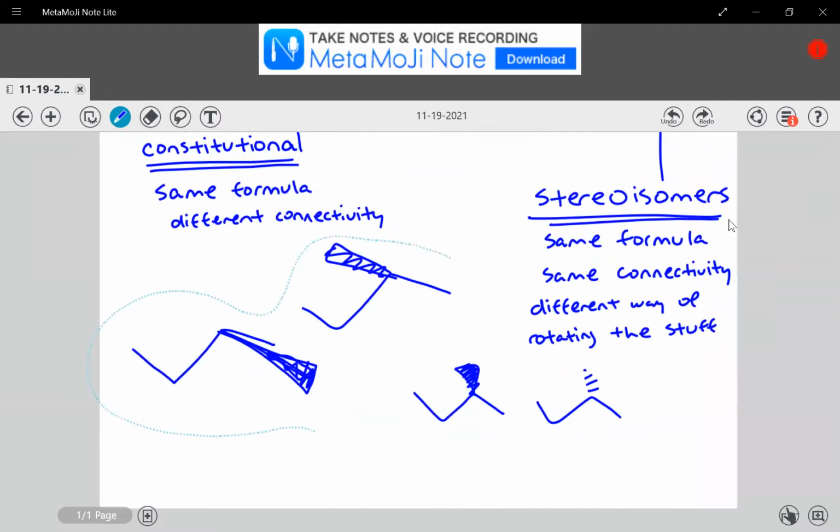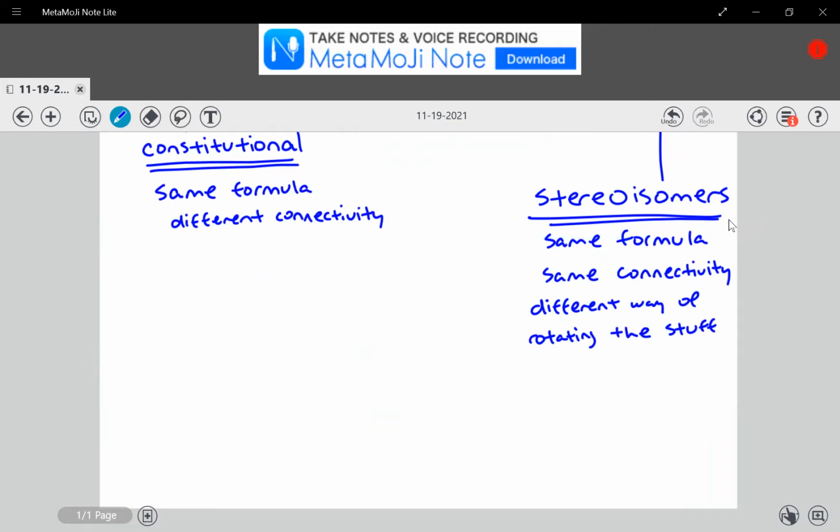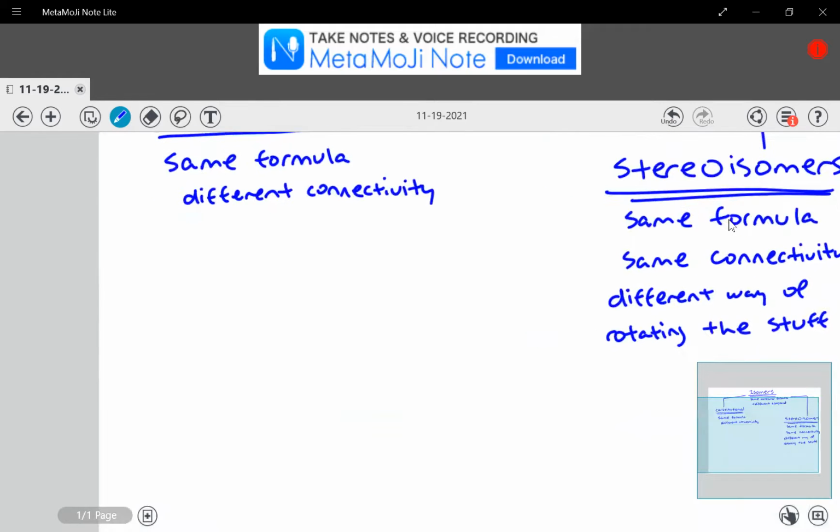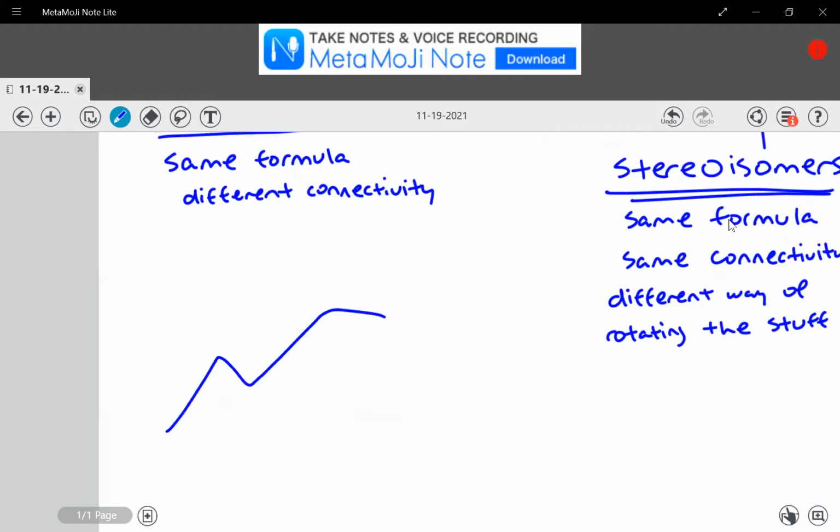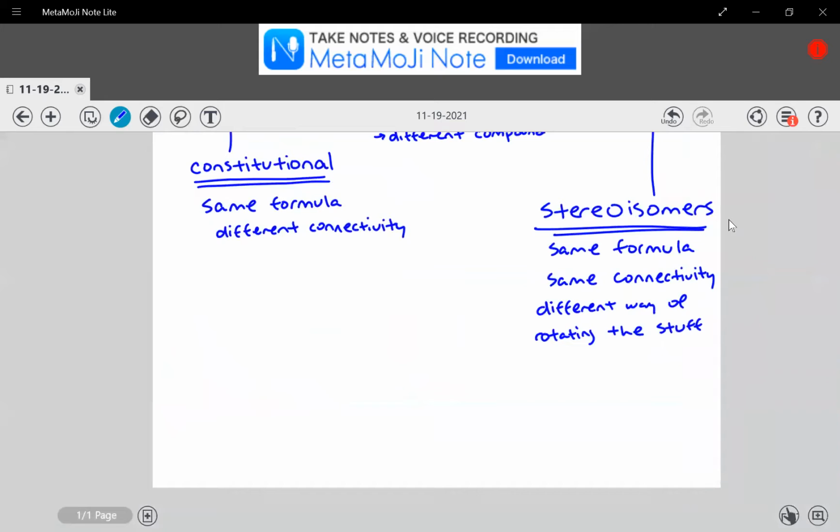Another example of these is maybe the stereoisomers that are not mirror images, and then you'll get pretty much the same idea. Which just will move us on to our next point. Point being, hopefully you understand the stereoisomer: same formula, same connectivity, different way of rotating, placing the stuff.